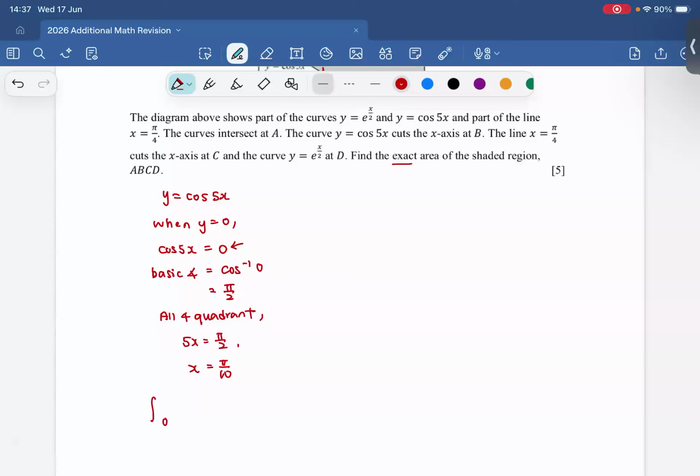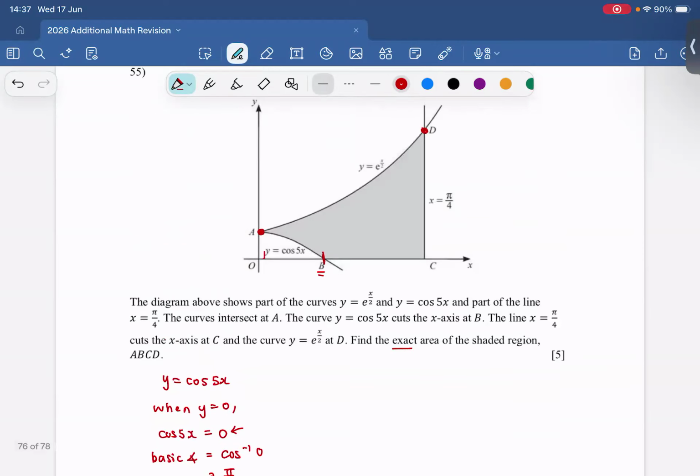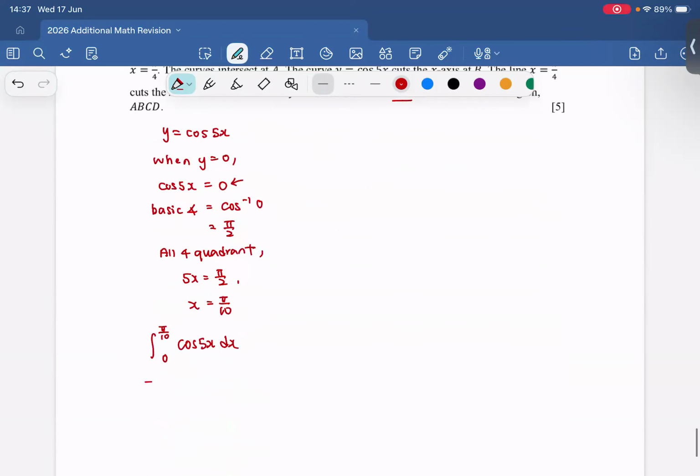If I integrate from 0 to pi over 10 cosine 5x, which area am I actually finding? You just need to know that you keep drawing arrows from the axis until you touch the curve, then you know that is the area you are finding. So if I integrate from 0 to pi over 10, this is the shaded region that I'm actually finding.